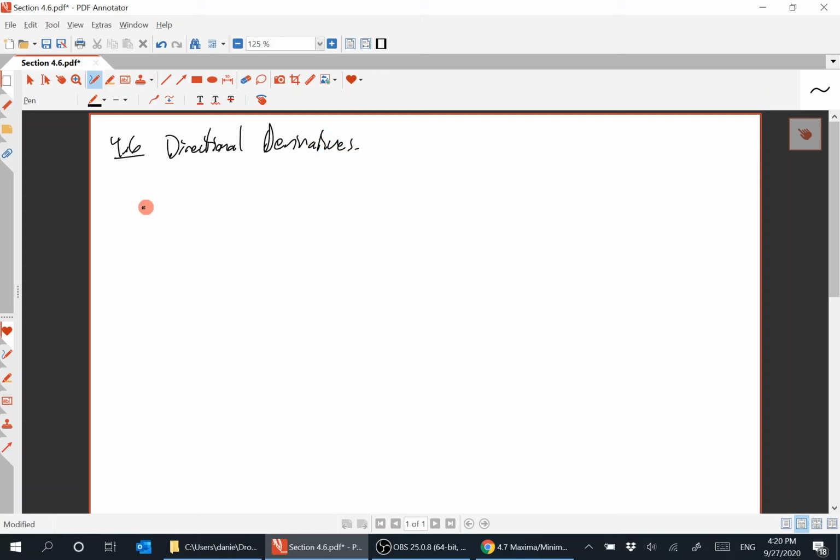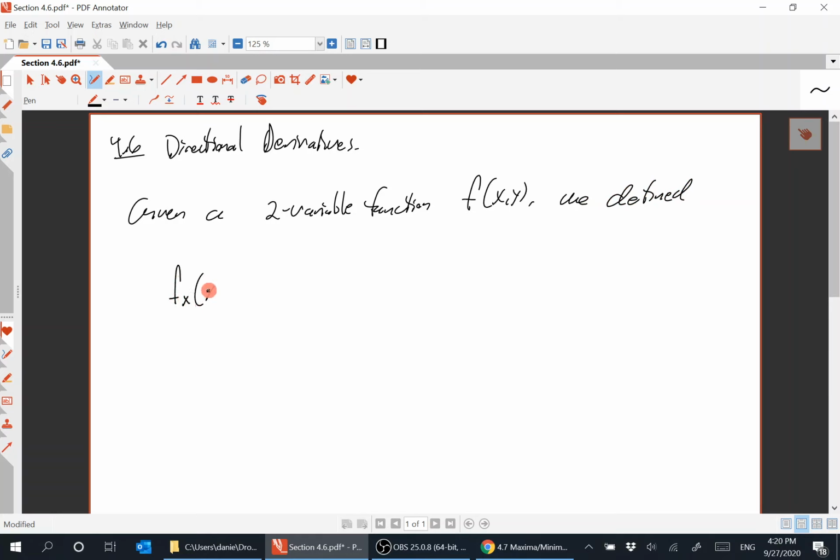So given a two-variable function f(x, y), we defined the partial derivative with respect to x as the limit as h goes to 0.